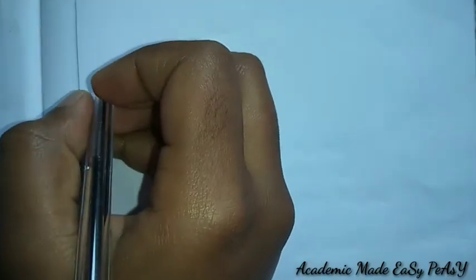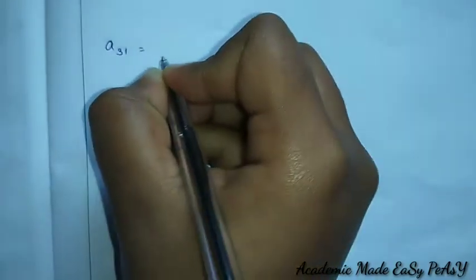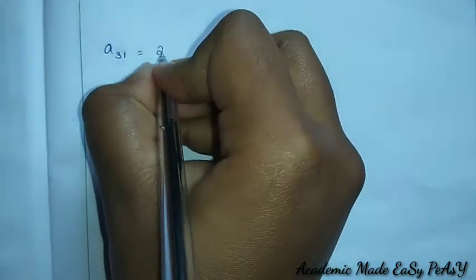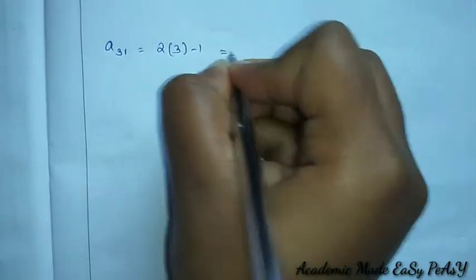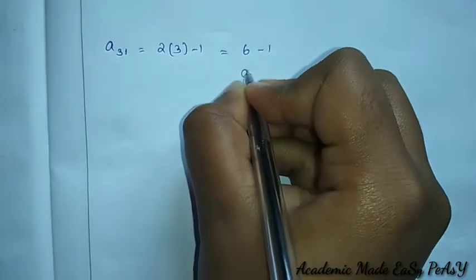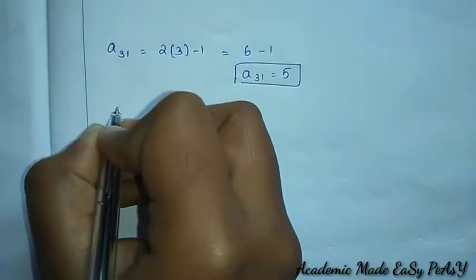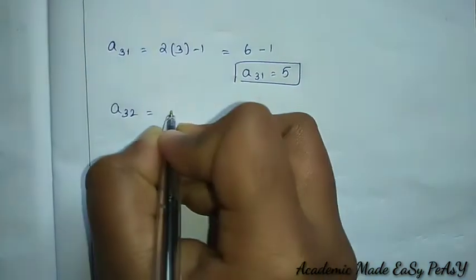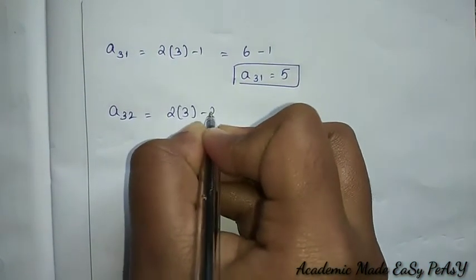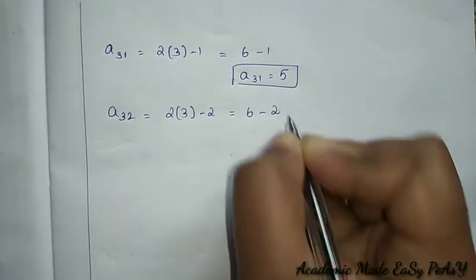Next I will move on to A31. So A31 is equal to 2 into 3 minus 1, which is equal to 6 minus 1. A31 is equal to 5. Next, A32 is equal to 2 into 3 minus 2, which is equal to 6 minus 2.